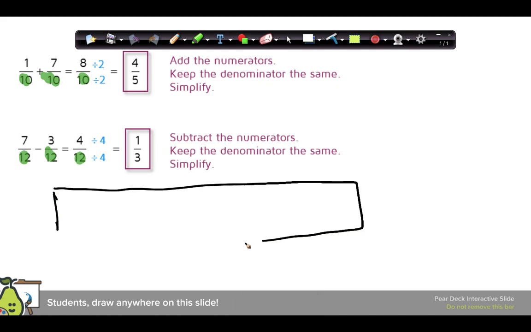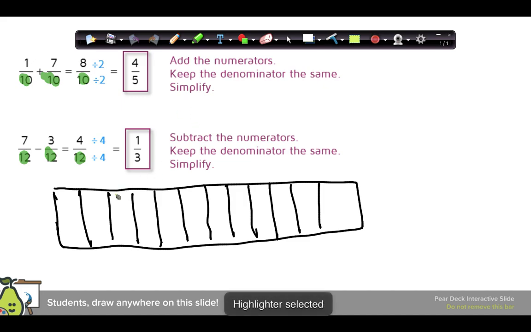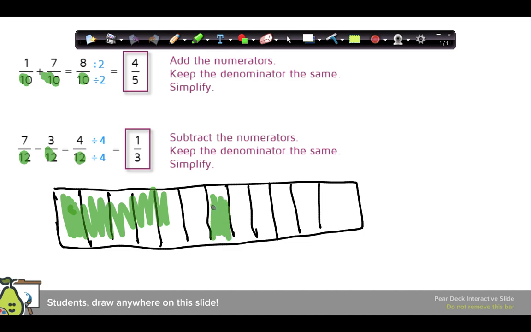So let's take one whole something and we'll cut it into 12 equal parts. So we've got 1, 2, 3, 4, 5, 6, 7, 8, 9, 10, 11, 12. We'll pretend that those are all the same exact size, and we'll shade in 7 of them. 1, 2, 3, 4, 5, 6, 7 of those parts.